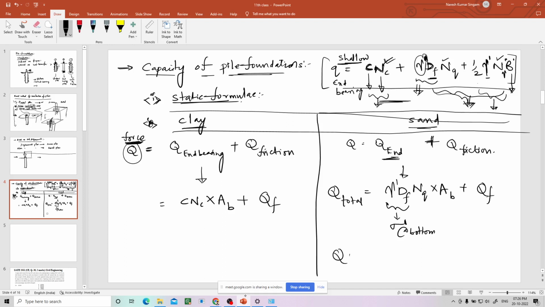You can write Q total equal to sigma dash Nq into AB, okay, plus QF. Now QF in the clays, and QF in the sand, we will discuss now.